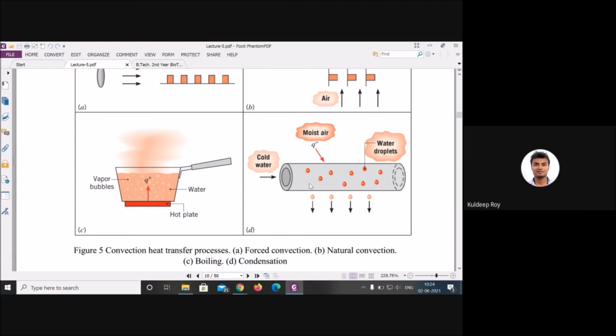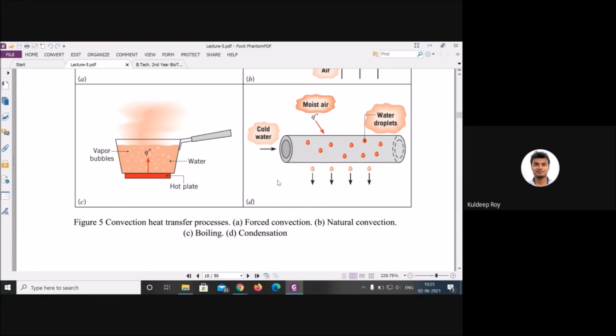Due to the temperature difference, around the surface it is heated, but inside the tube it is very cold, so you find some kind of liquid droplet, not bubble, around the surface. This also comes into the category of convection heat transfer.